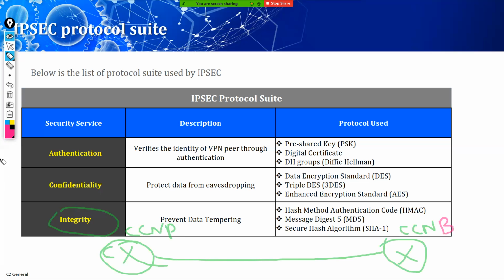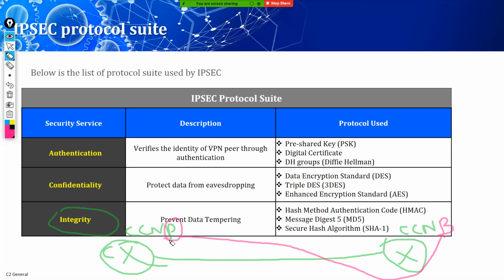So someone tampered with the data and replaced P with B. This is basically called data tampering. There are four letters on both sides, but one of the letters has been replaced with another one.